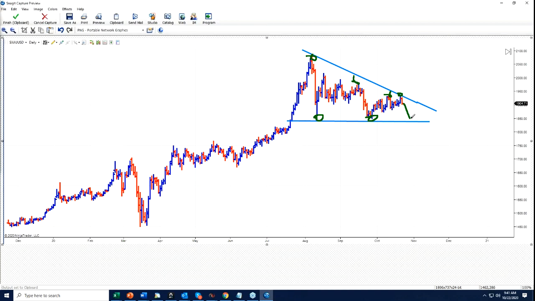So to my mind, I think we're going to retest this 1850, maybe get a bounce, and then I just think we're going to come back to this breakout area. Markets have a habit of retesting breakout areas, and I am surmising that this is what's happening in gold.